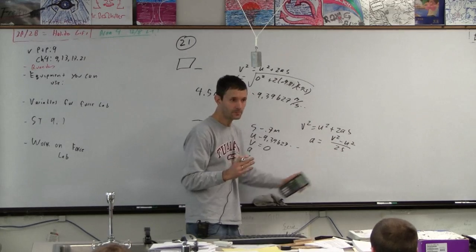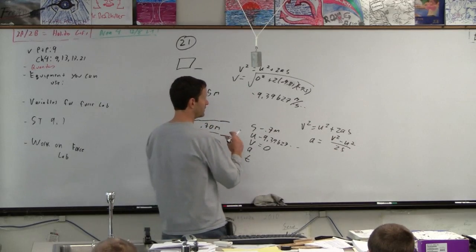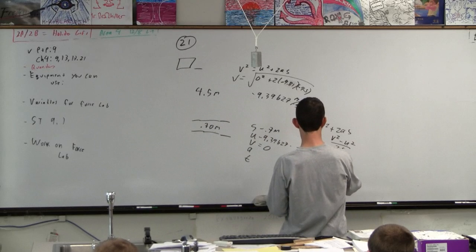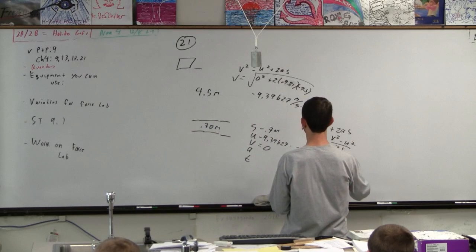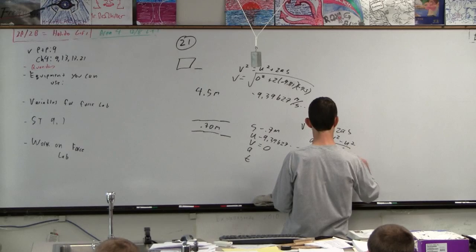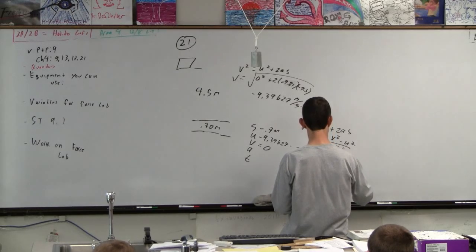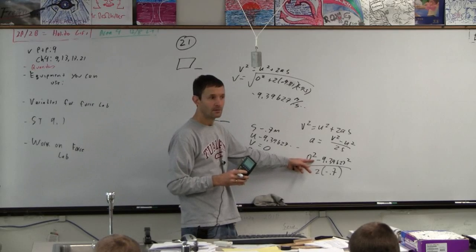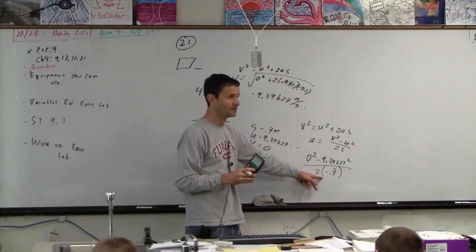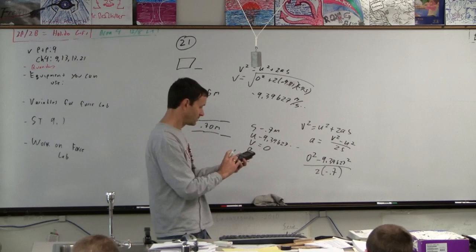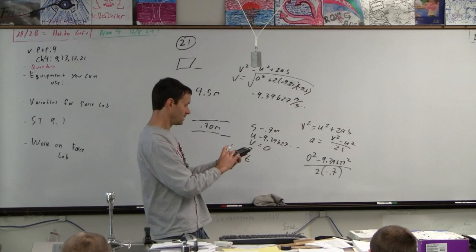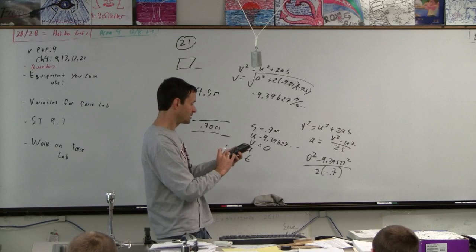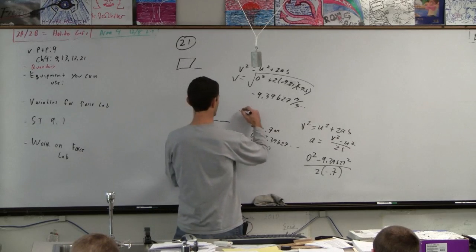And so we can plug those numbers in: 0 squared minus 9.39627 squared divided by 2 times negative 0.7. Is that going to end up being positive? Yes, the numerator is negative and the denominator is negative. So that squared divided by 2 divided by 0.7 gives 63.06.